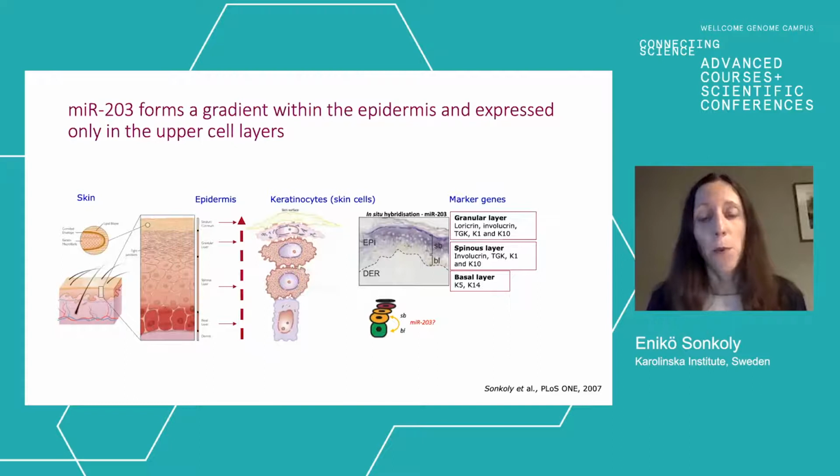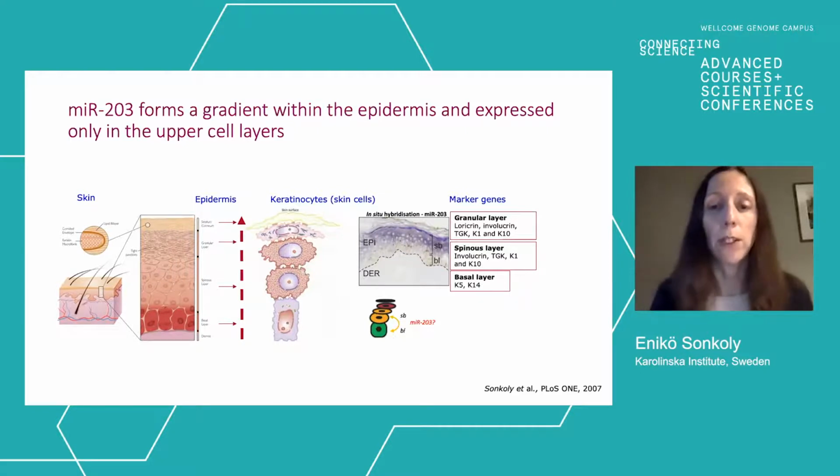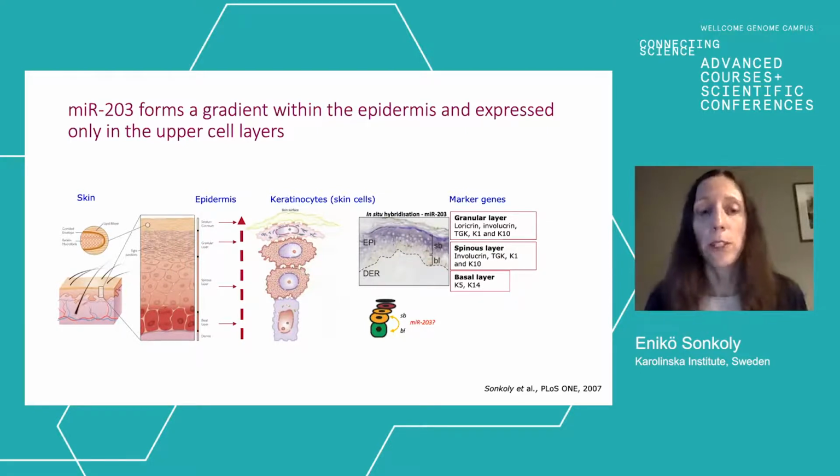And the next step was to look at its expression in vivo. So these were cultured keratinocytes, but in vivo, the keratinocytes form this complex three-dimensional structure, the multi-layered epidermis, in which they differentiate and continuously move upwards. And this process is very tightly regulated.